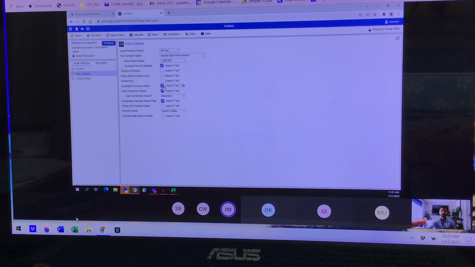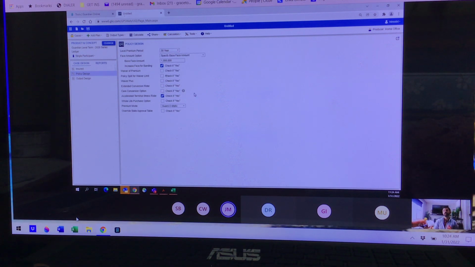So if I've got the extended conversion rider and the care conversion option rider, and in year 10 I decide to convert all of this 1 million, I can then convert that full 1 million with the maximum long-term care rider, and that is without underwriting.